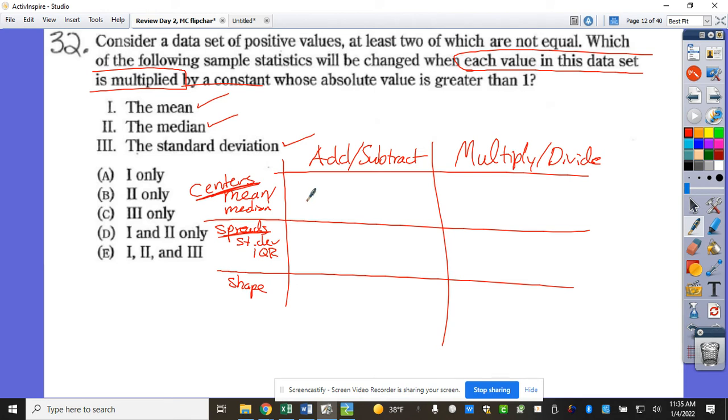I'm going to write it down first. What always happens to my mean?